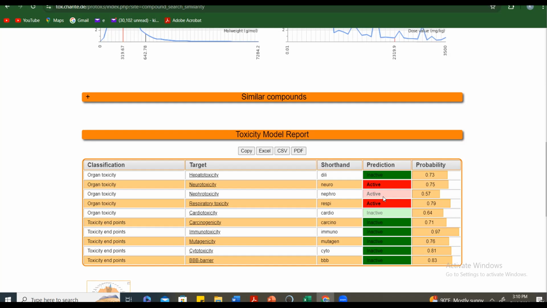Probably shouldn't administer it. We should not, because this is likely to cause toxicity to the kidney, the lungs, and the nerves. Okay. Somebody else?